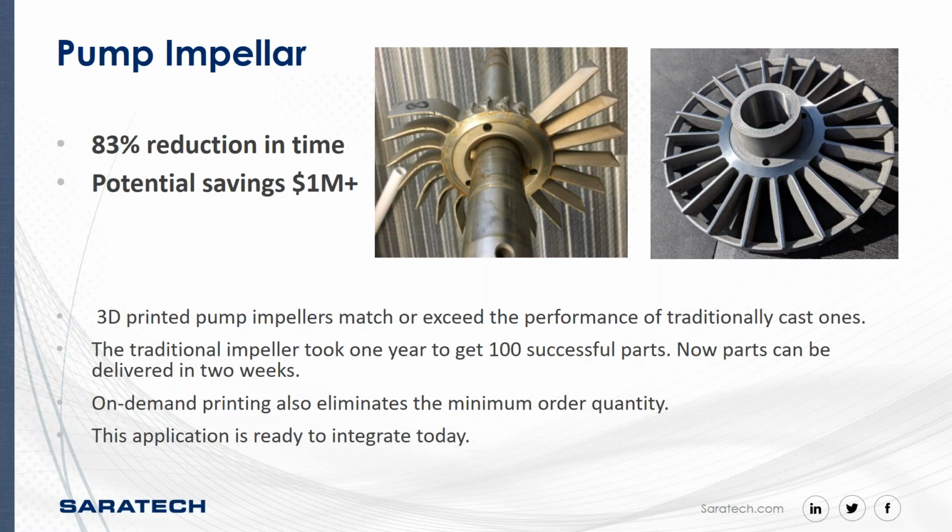That's a really big improvement. And they can now do them one-off. As you see in this third point, they traditionally had a minimum order quantity for the impellers. If they had one that was broken, they were required to buy 25 or 50 or 100, which was way more than they needed. Now they can just do it on demand using additive manufacturing.